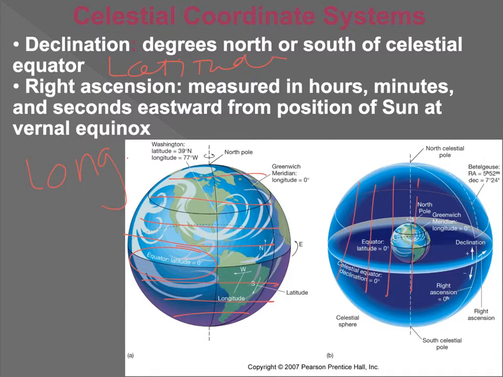So just like longitude breaks the Earth up into east and west of the prime meridian, right ascension does that as well. There has to be a starting point. So just as the longitude system starts above the Greenwich, England, that's where right ascension starts from as well. So these are just projections of latitude and longitude upon the celestial sphere. That's all you need to know. We're not going to be applying those. You just need to know what they are.